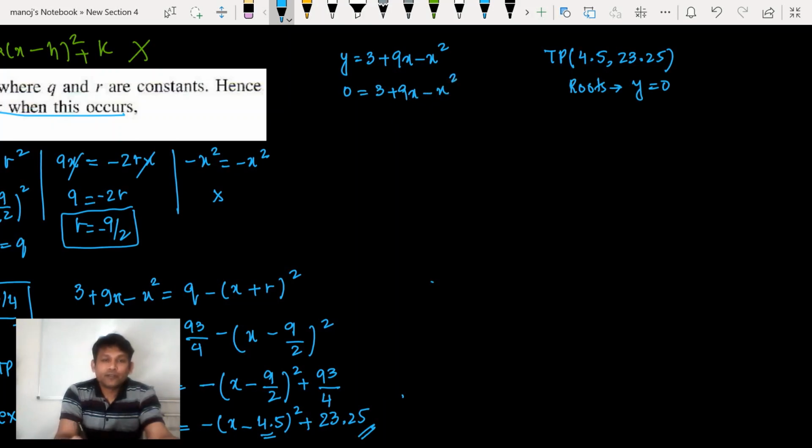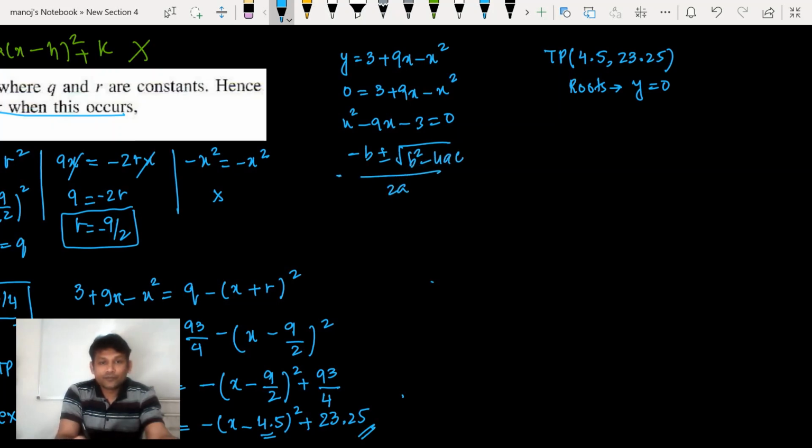Can you make the factors? X squared positive, 9x negative, minus 3. The factors are not possible, so I have to use the quadratic formula. Minus b plus minus under root b squared minus 4ac divided by 2a.